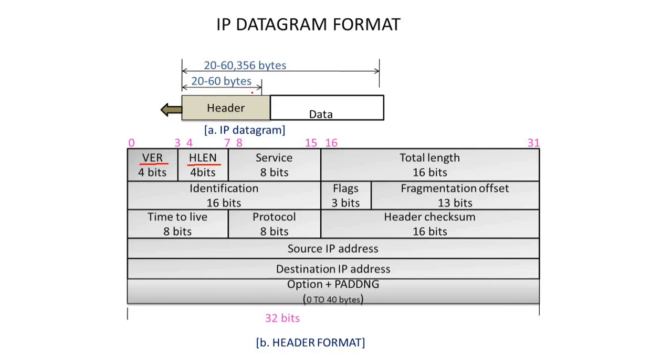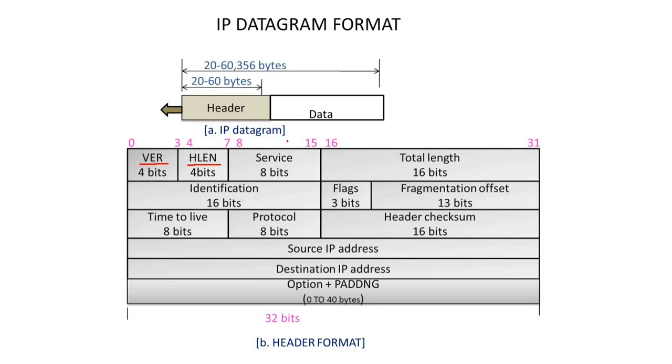Whenever we know the size of the header, we can subtract it from the total length of the IP datagram, so we will know from which place the data is going to start, because the datagram is a combination of header and data. So whenever we have a specific header size, we can determine from where the actual data or actual information starts.